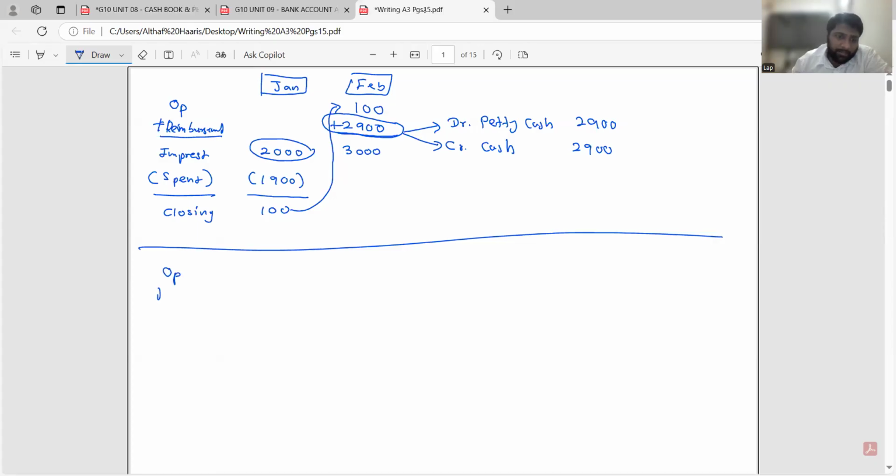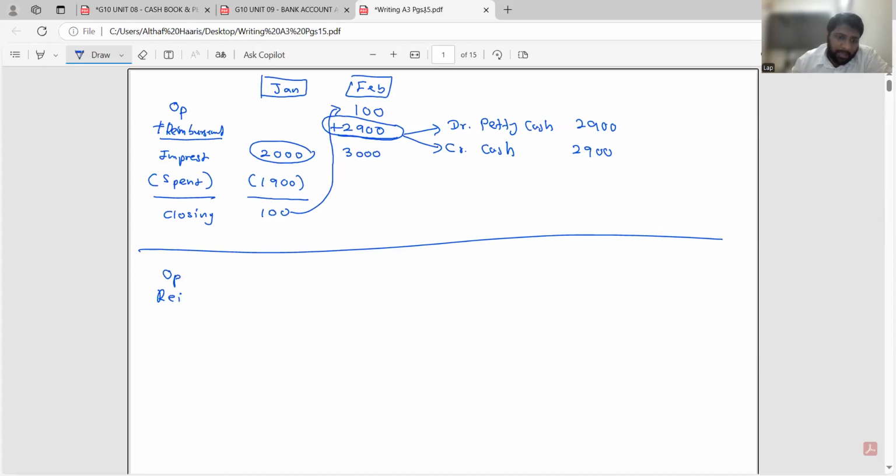Opening plus reimbursement is the imprest, minus payments is closing. So let's start with January. I'm just showing this to you for you to get an understanding. No need to write and wait like this.